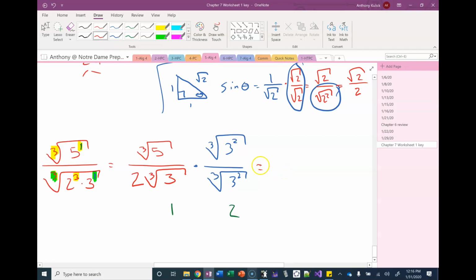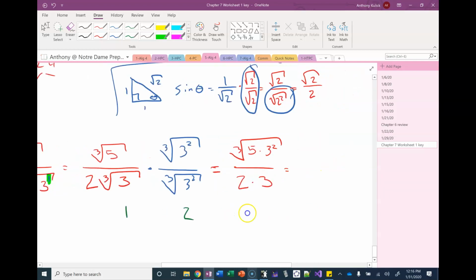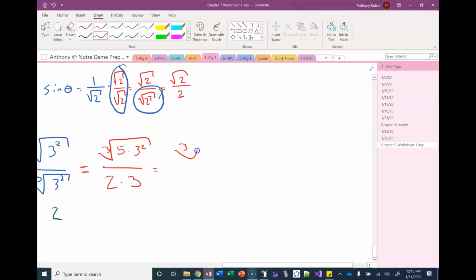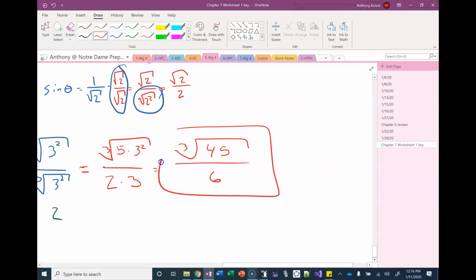Okay. So how many 3's can I take out? 1. And how many are left? 0. Okay. So no more radical. And then my numerator is just going to be that. And if I combine my numbers, I have the cube root of 45 divided by 6.